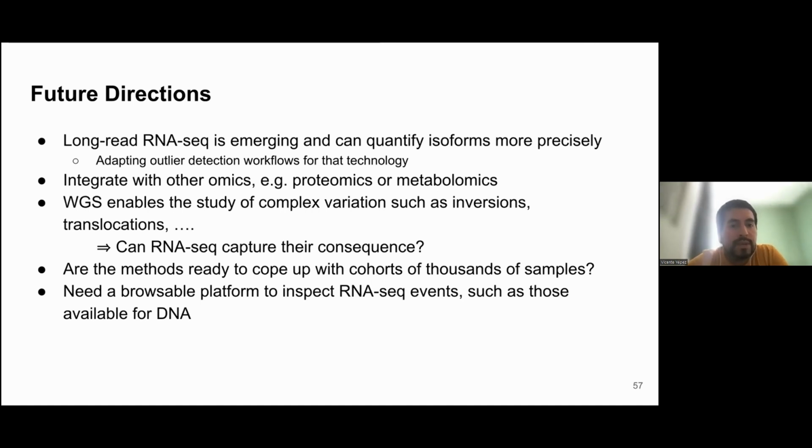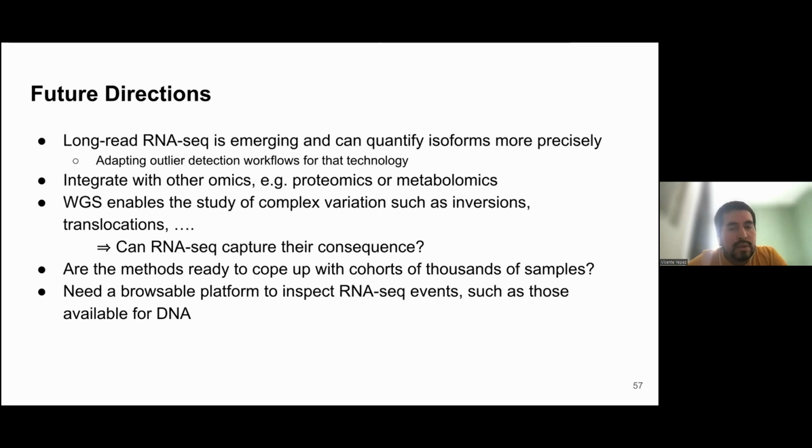And when that happens, we'll have to adapt all the tools that we have shown. We don't know if they will work as they are for this technology. Then very interesting would be to integrate with other omics, for example, proteomics or metabolomics, both statistically and biologically see the impact, how they can be modeled together, or use them together to give more strength to a diagnosis.